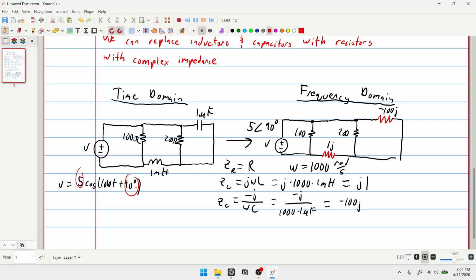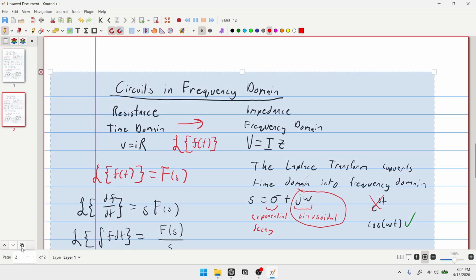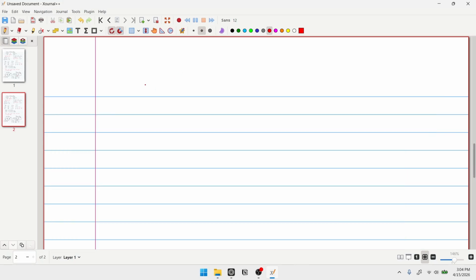Okay, so let's do an example. So we're gonna have a voltage source and a resistor, an inductor, and a capacitor.